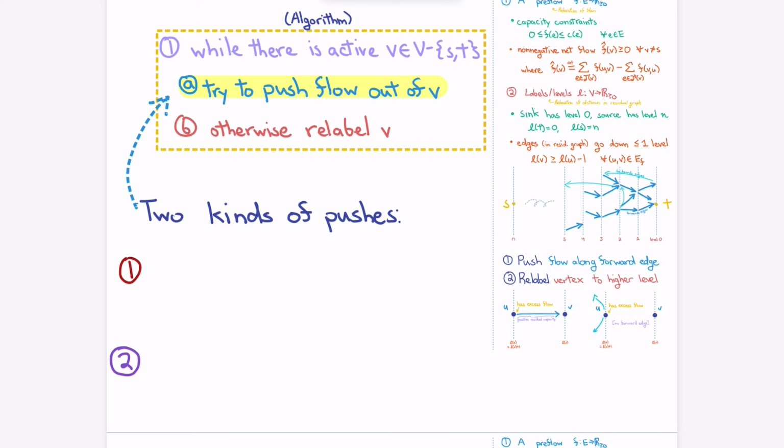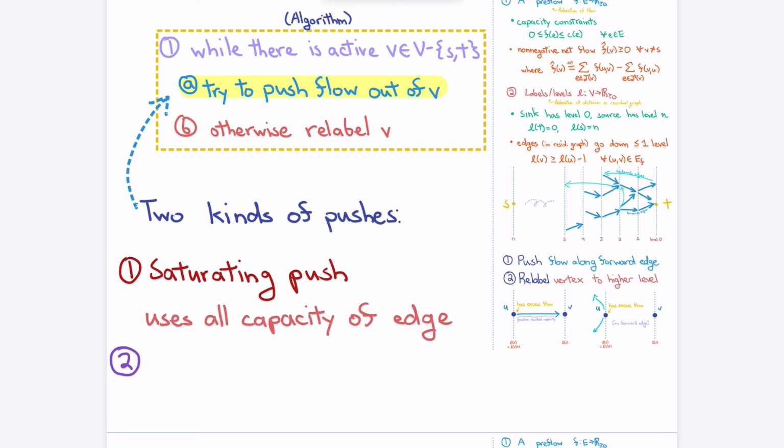The first type of push is what we'll call a saturating push, which, let's double check, should mean that, okay, good. You are going to use all the capacity of the edge. So if I'm going to try to push as much flow as possible, there's two bottlenecks. One bottleneck is I've used up the entire edge. The other bottleneck is I've used up all the flow at the vertex.